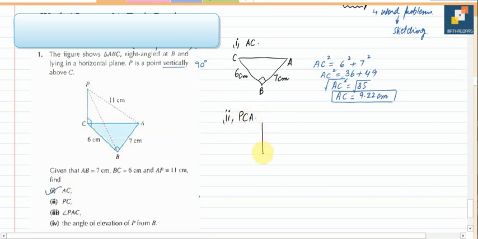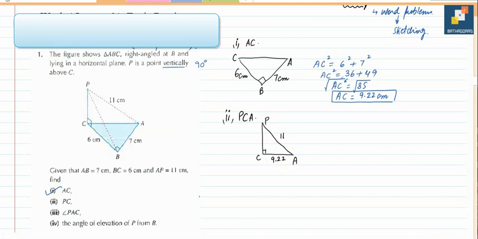Now PCA is a right angle triangle at C, right? So the value of PA is 11 and the value of AC is known, that is 9.22 found in part 1. We need to find the value of PC.